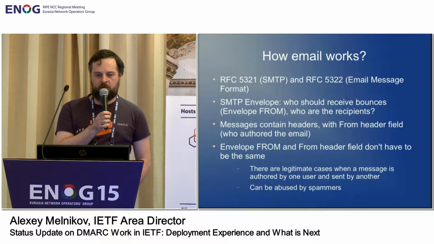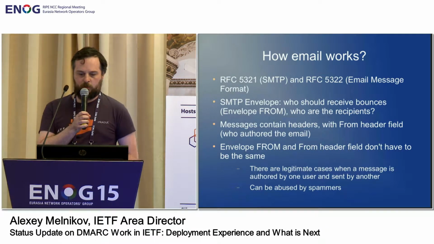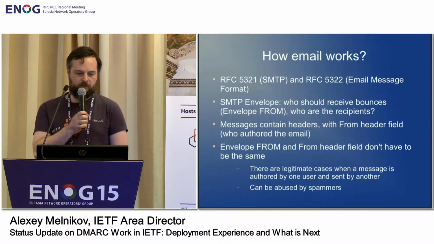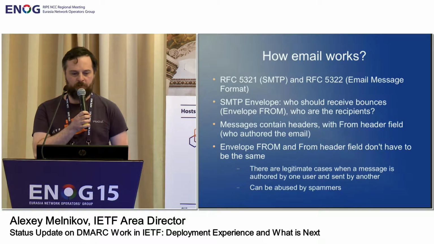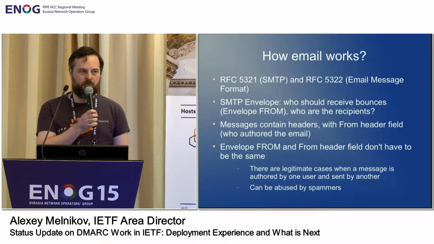And then there is the message itself, which consists of the message header. For example, it includes, as one of the header fields, the From header field, so who authored the email message. And the envelope from and From header field don't actually have to be the same.